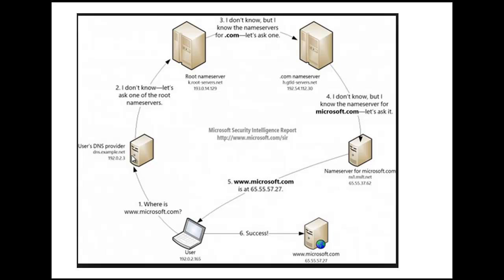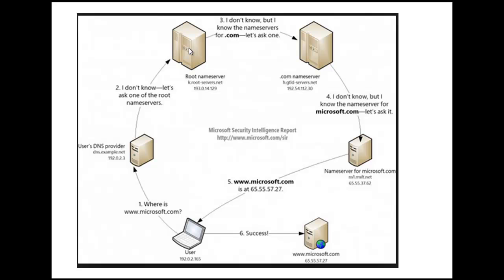Your ISP will have a DNS server that will resolve names. If that DNS server did not have the information, it will say, well, let me send your request to another server on the network, which might be the root name server.